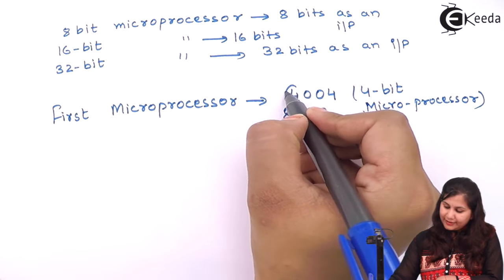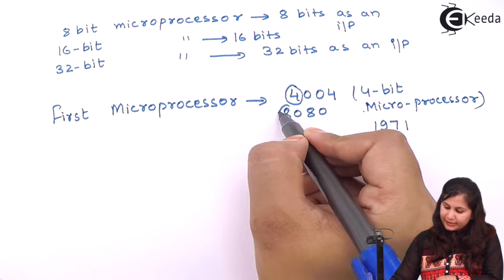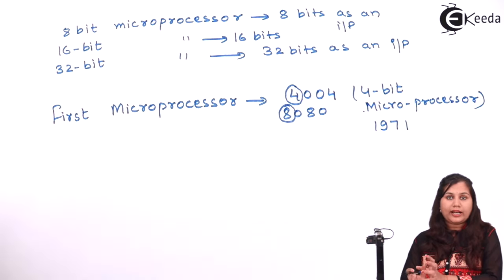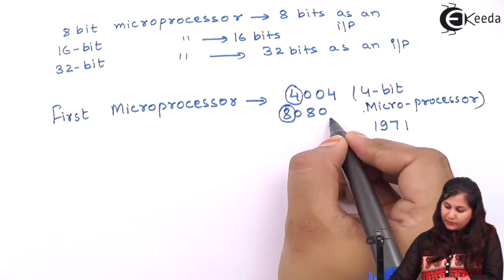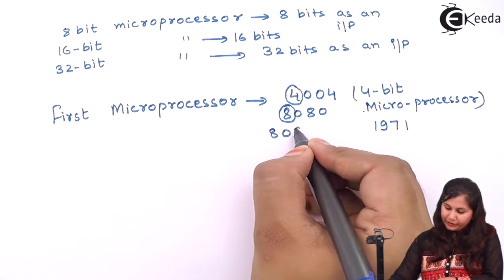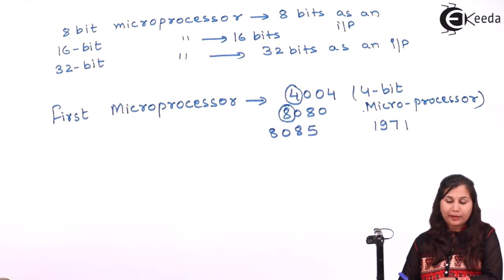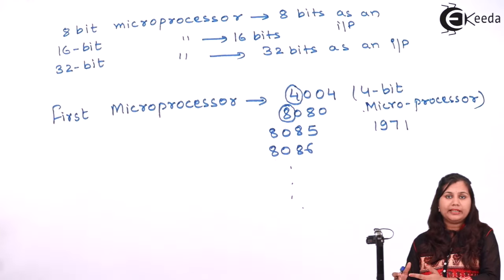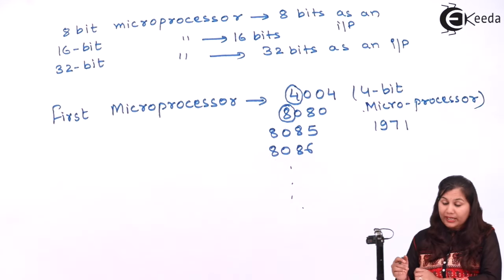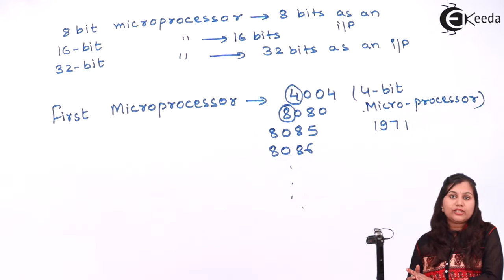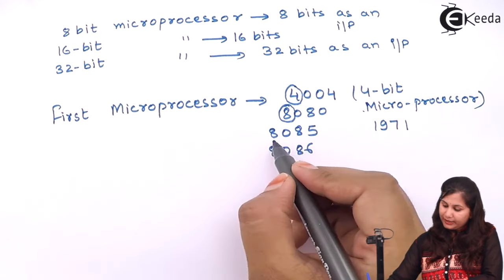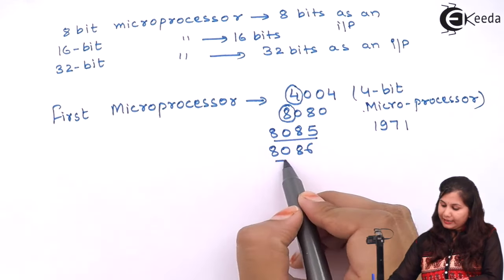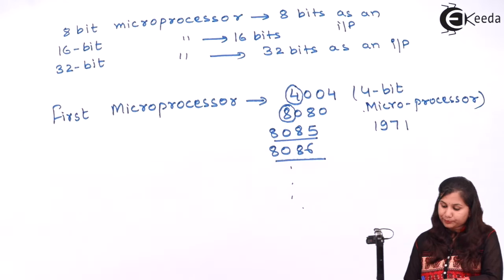So you can see that this first number defines what type of microprocessor it is, whether it is 4-bit or 8-bit. After that 8085 was developed, and after that 8086, and nowadays many more have been developed. In our subject we are going to study two types of microprocessor, 8085 and 8086.